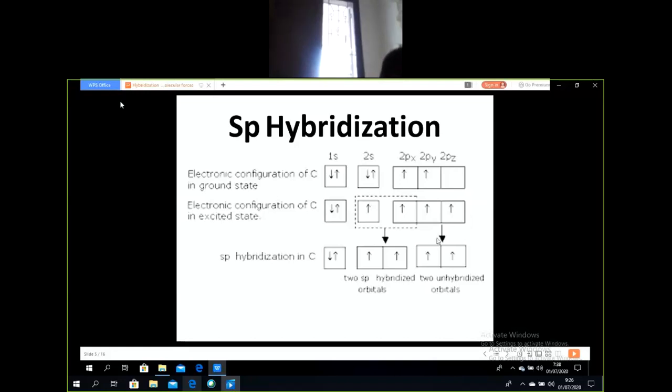The two unhybridized orbitals. This one is sp. No wonder in a triple bond, the carbon can only be occupied by one hydrogen.